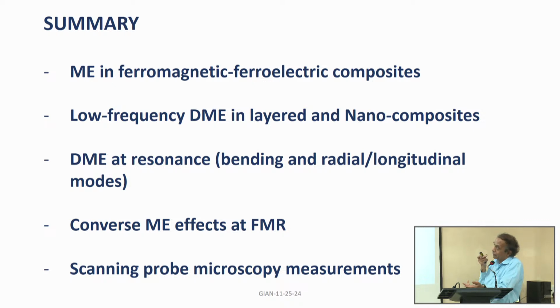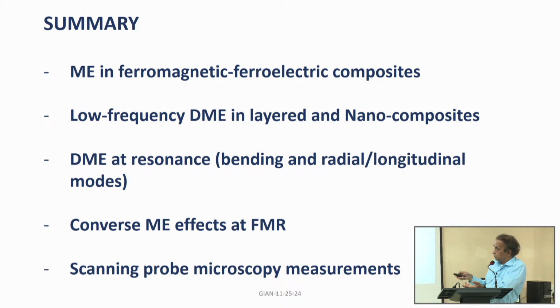And second, we don't have experiments to compare with theory. But I just wanted to give you a feel for what would happen in composites with different types and nanomaterials versus bulk samples.